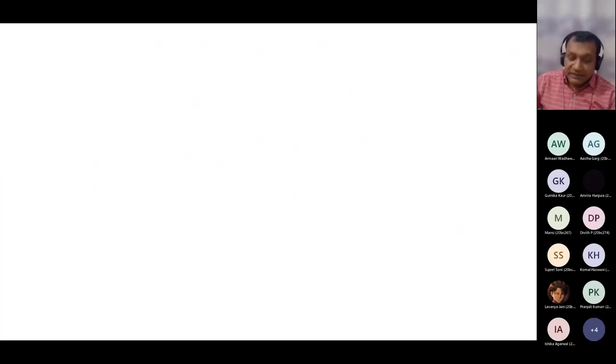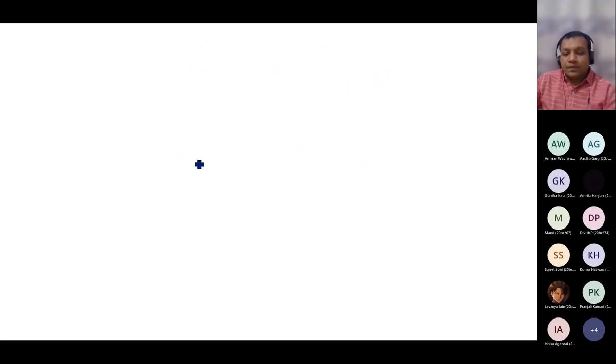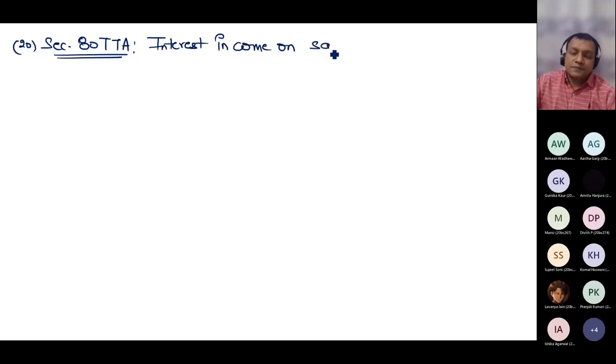Next point, 80TTA, a relevant deduction. 80TTA is interest income on saving account.